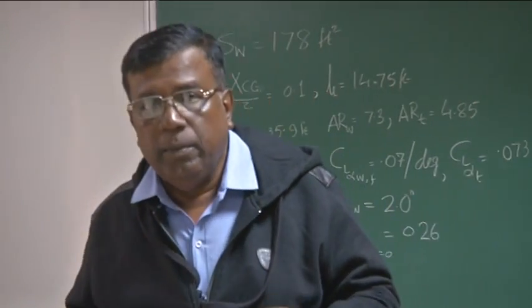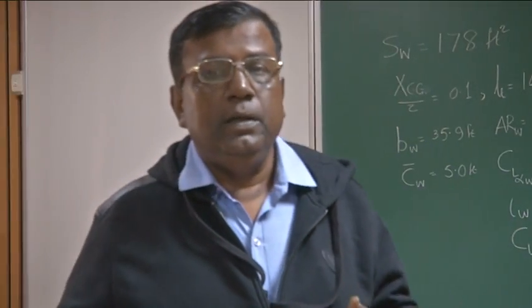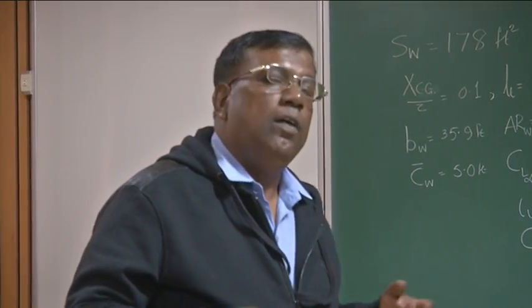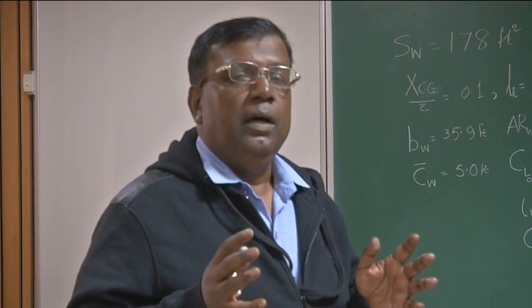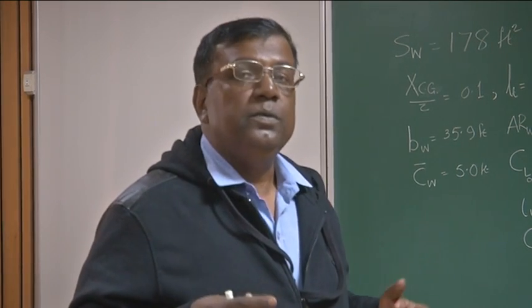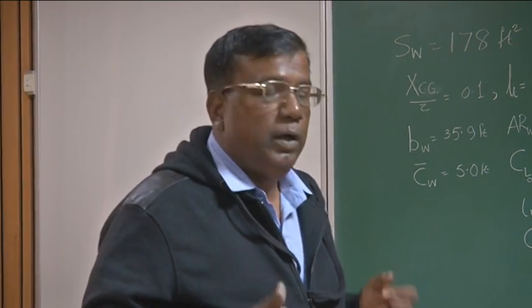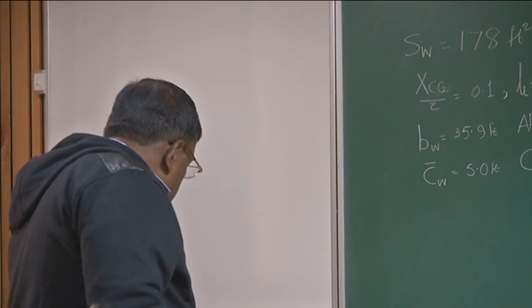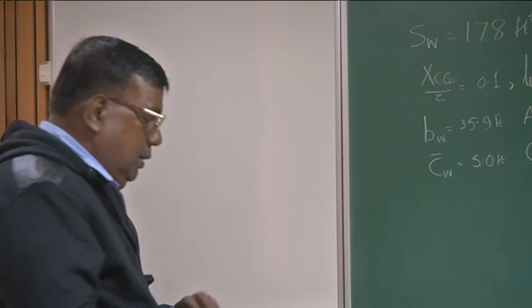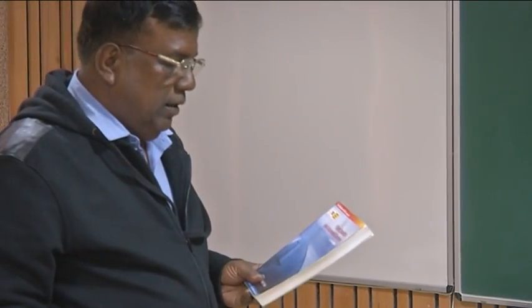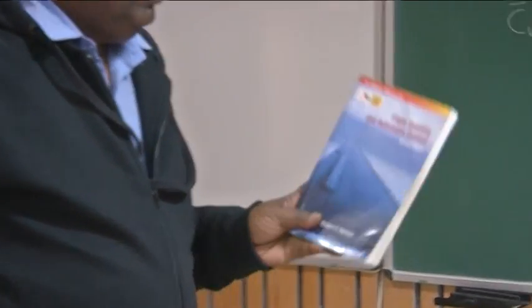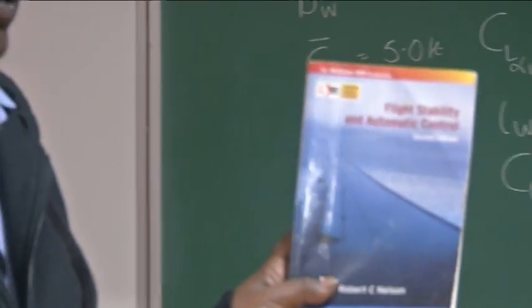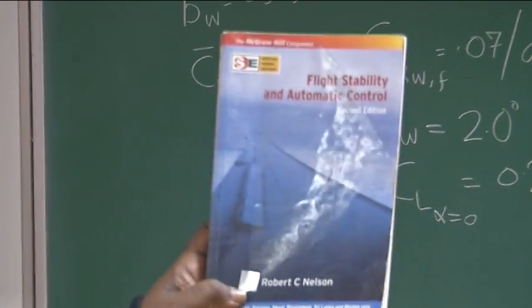We'll try to solve a problem of longitudinal stability and see how we can very conveniently use the expression we have developed to solve a problem. Okay? So let's start with the problem. I have taken this problem from a book, Flight Stability and Automatic Control, second edition, by Robert C. Nelson. It's a very good book.